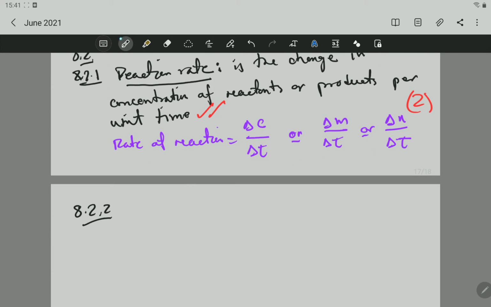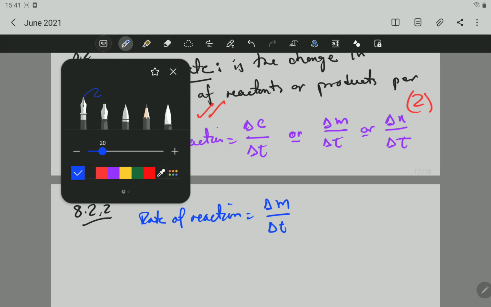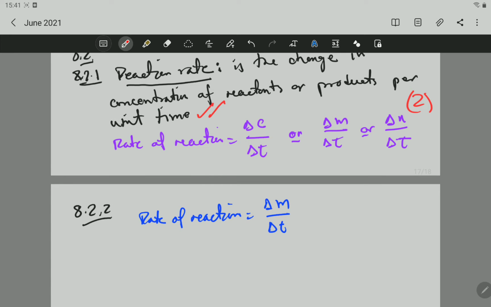Now there is something very important here. Let's write the formula. Rate of reaction is equal to change in mass divided by change in time. But the mass in this situation is decreasing, so it's going to be a negative change in mass.